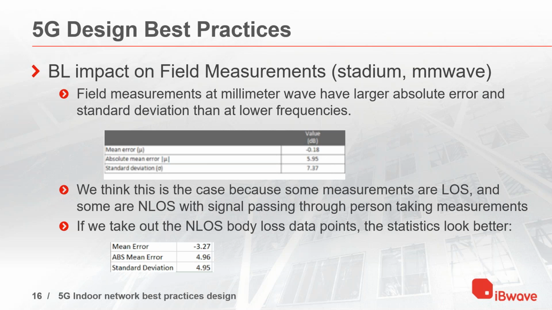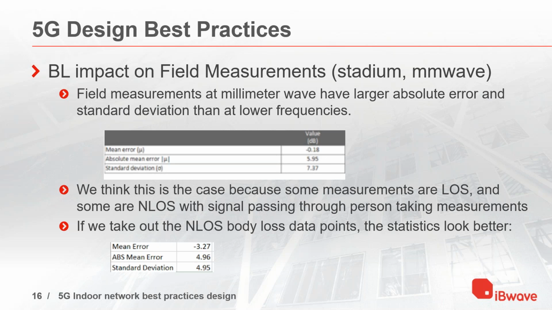At lower frequencies, in LTE measurements, typically the absolute mean error should be around 5, so it's about 1 dB less. And the standard deviation should also be about 5 dB, which is almost 1.5 dB less.